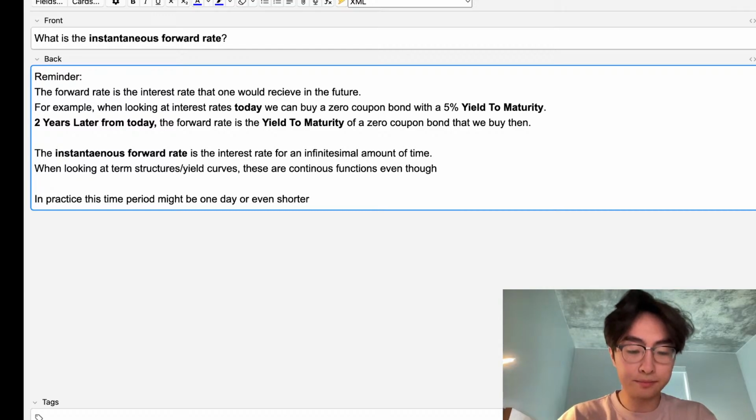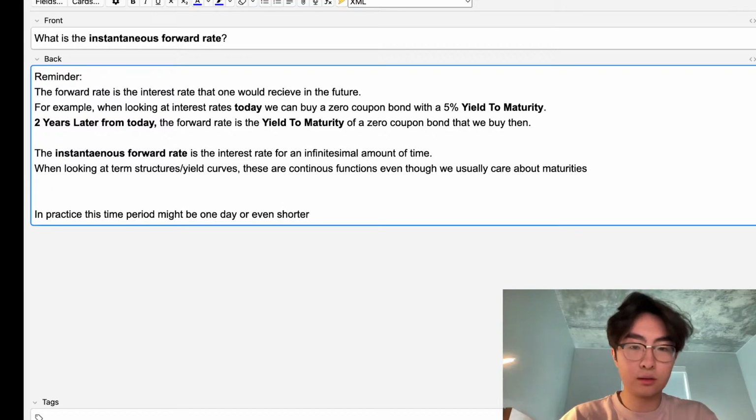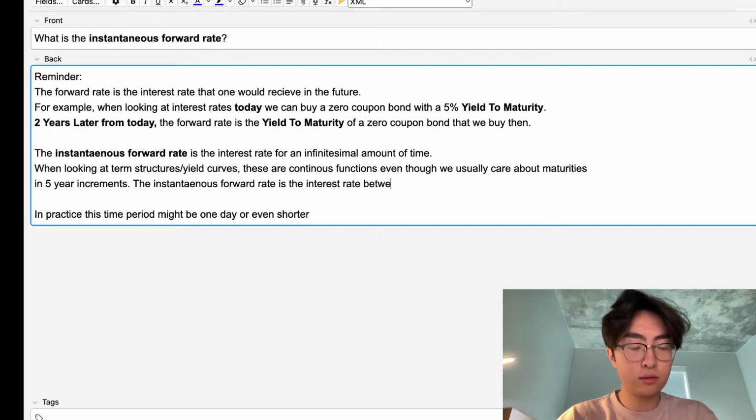Even though we usually care about maturities, instantaneous forward rates is the small periods of time in the future.